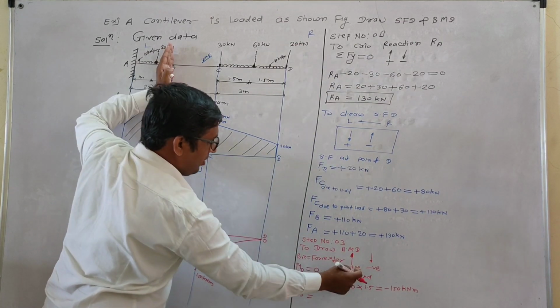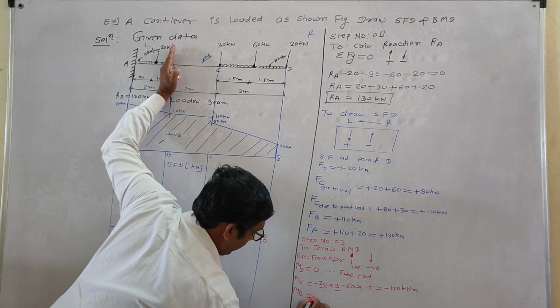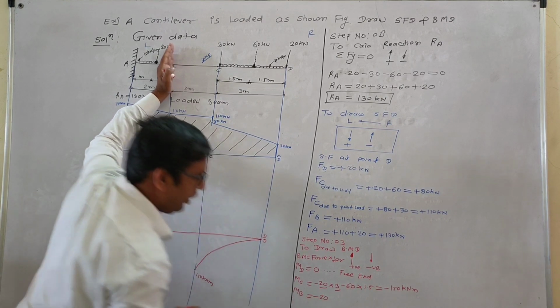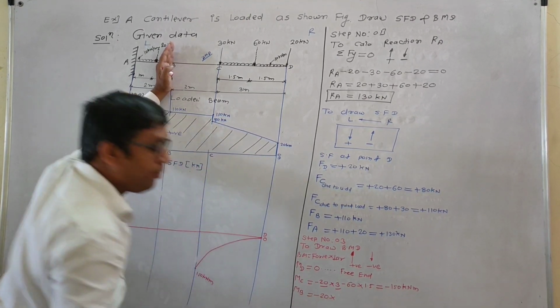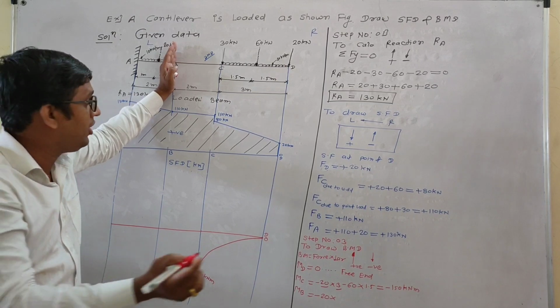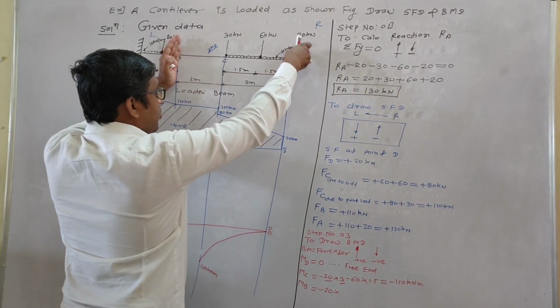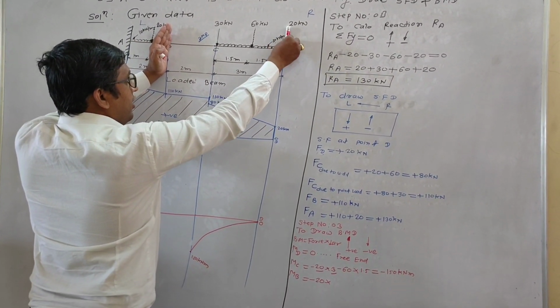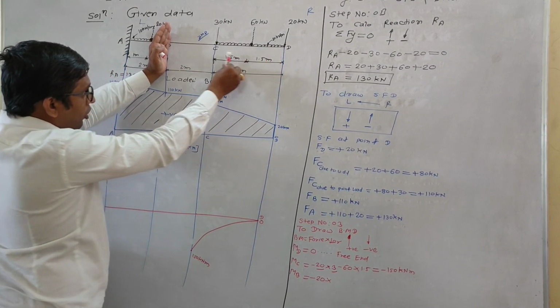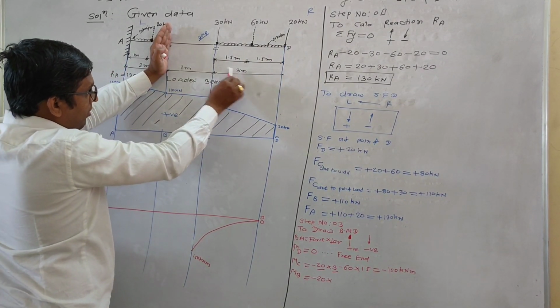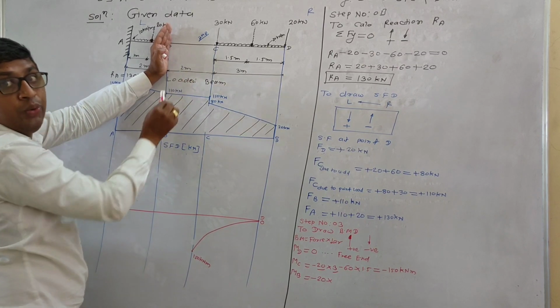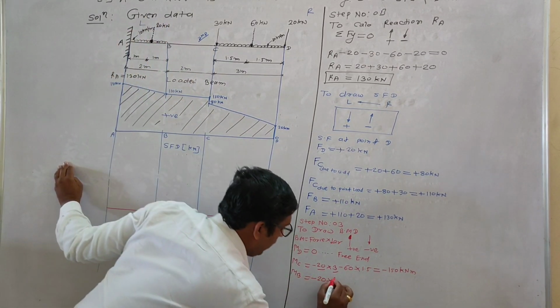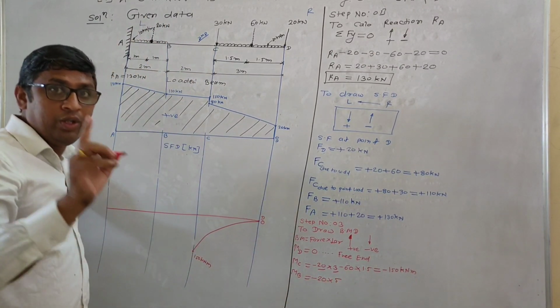Why minus? Downward, minus 20. This is the force, and the perpendicular distance is up to B. This minus force and perpendicular distance, how much? 3 plus 2, 5. Minus 20 into 5.